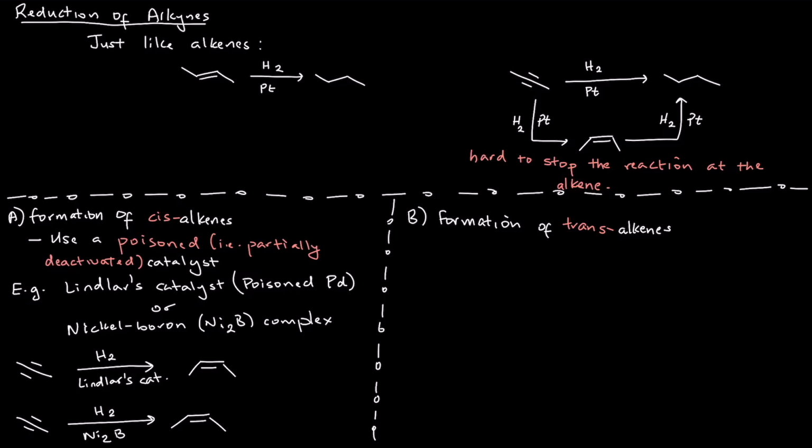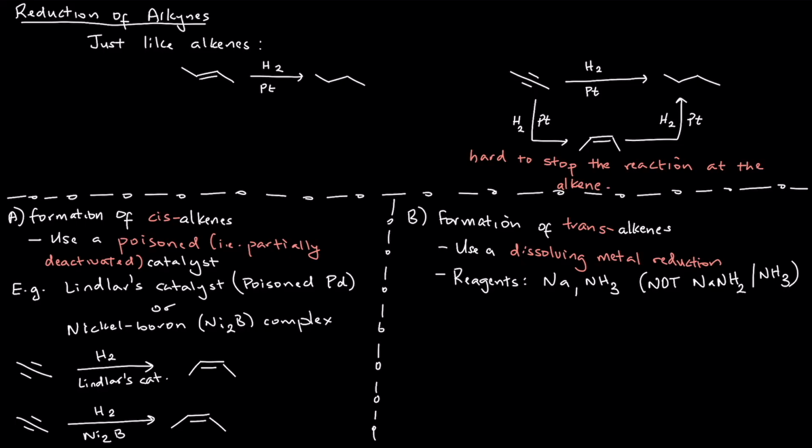Now, to form your trans-alkene, we use a process called dissolving metal reduction. The reagent you use is solid sodium metal dissolved in ammonia. Please note that this is not the same thing as sodium amide in ammonia.